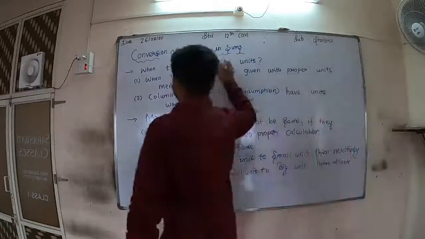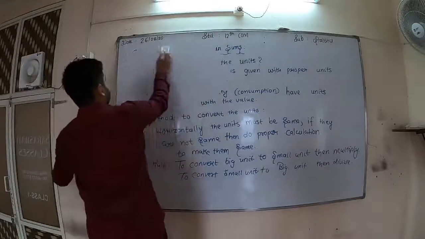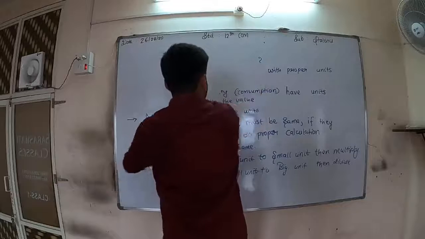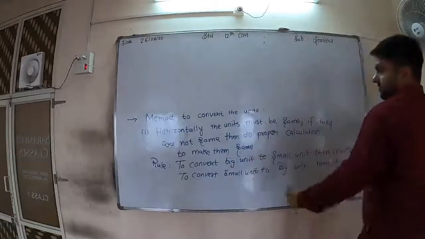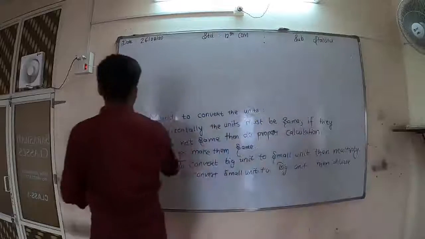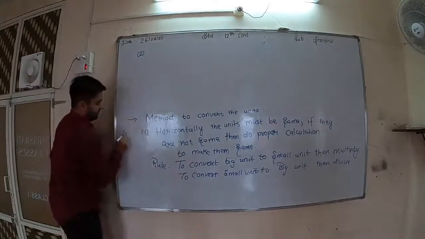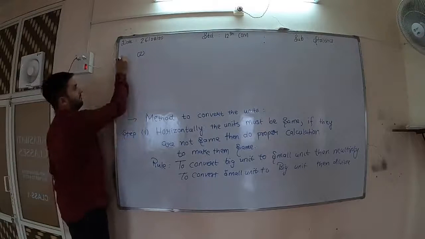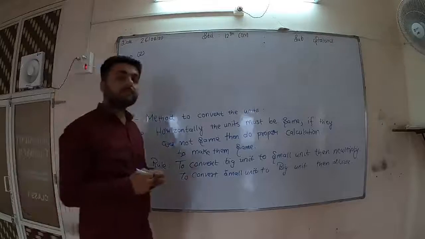Okay, now I need to write the second thing. We are writing the method how to convert the unit. Now the second step. This is step 1. This is step 2.